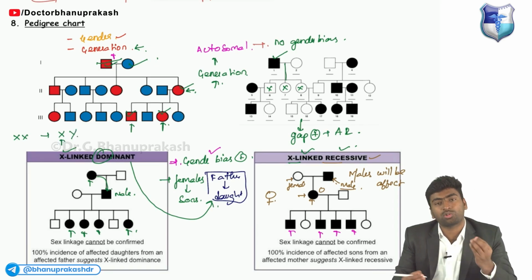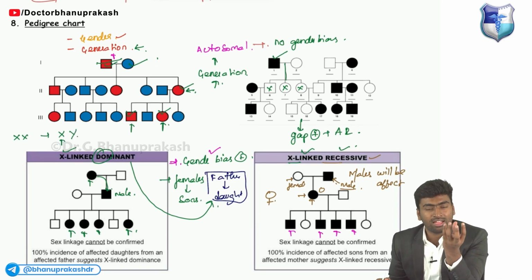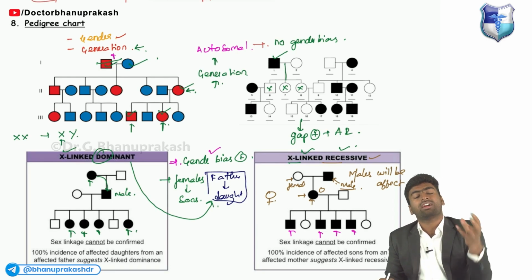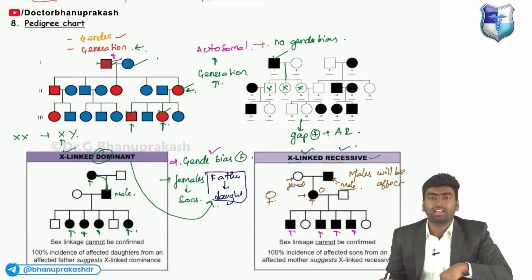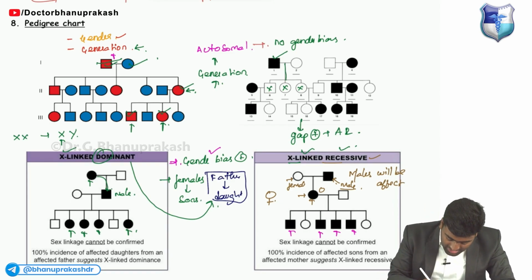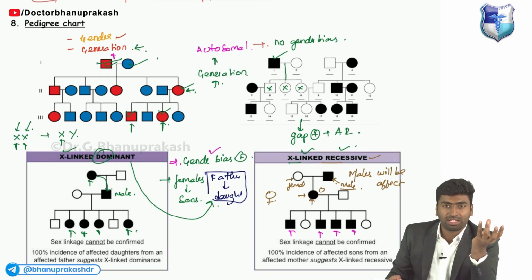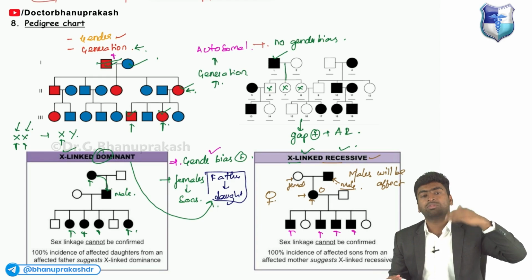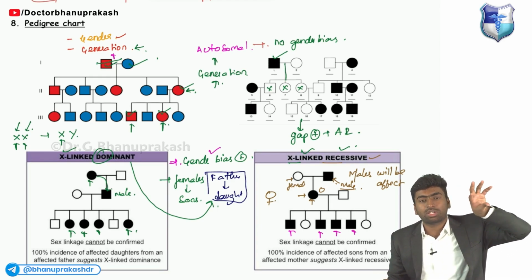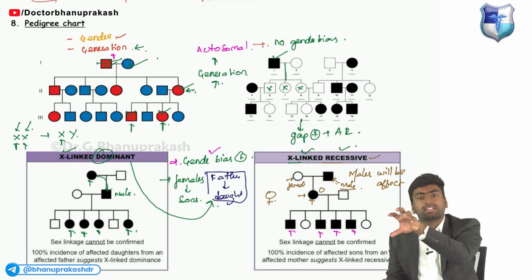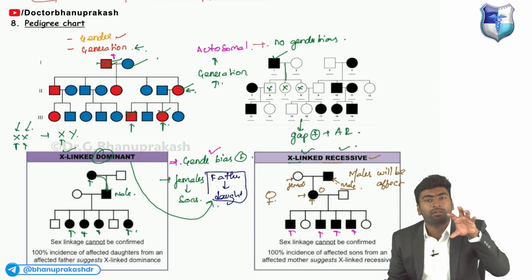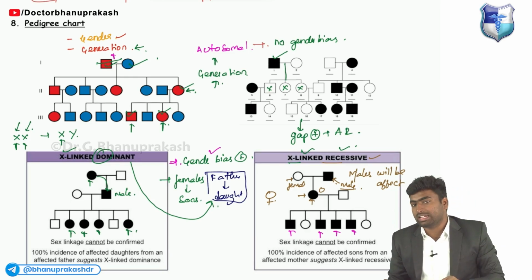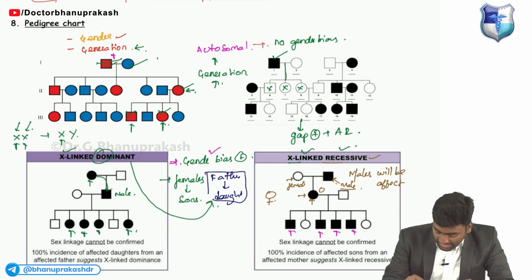If a male has only one X chromosome coming from the female, it will obviously manifest in him. Whereas females have two X's: one comes from the mother and one from the father, so only one will be expressed. So there won't be any disease in females. The mother will obviously give her X to the child, so the male child will be affected in a case of X-linked dominant condition.